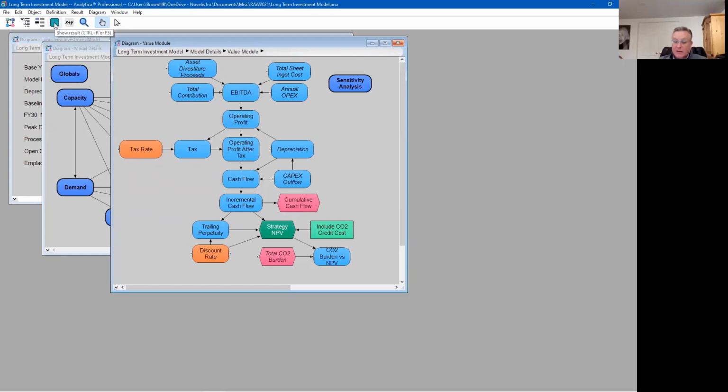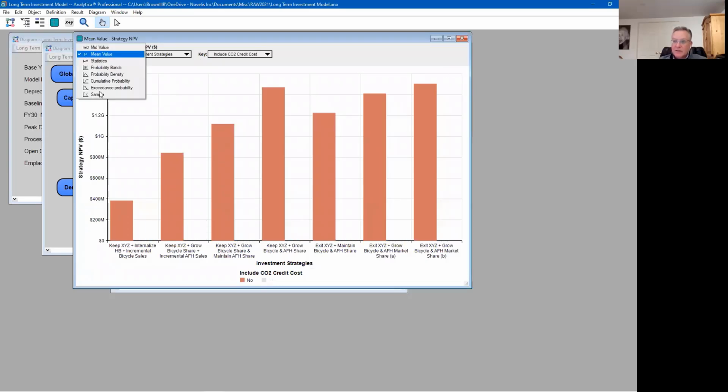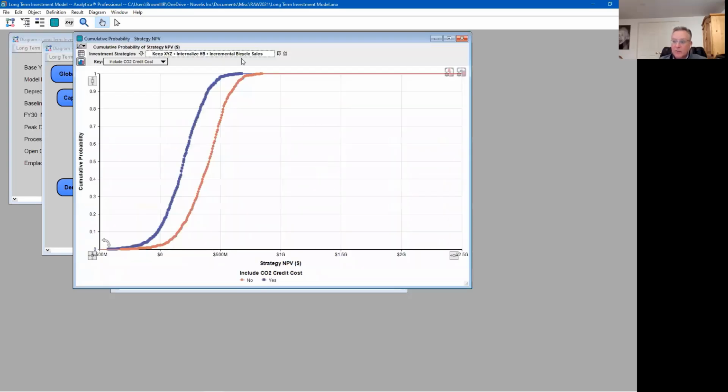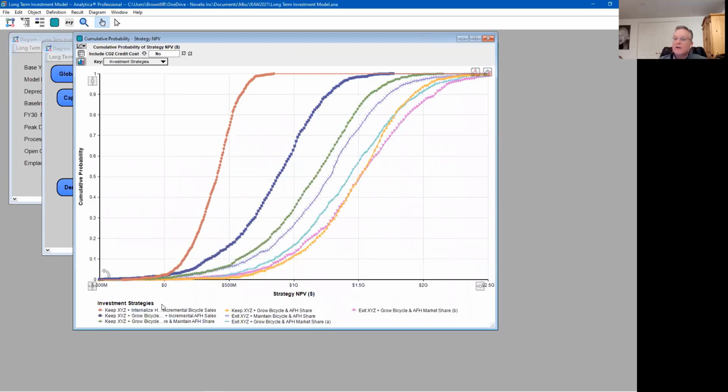Now, if I click this, let me turn this off and put this in cumulative probability form. So I think from this screen, you can see now that when I look at these various investment strategies, which I've, again, changed the names to protect the guilty.